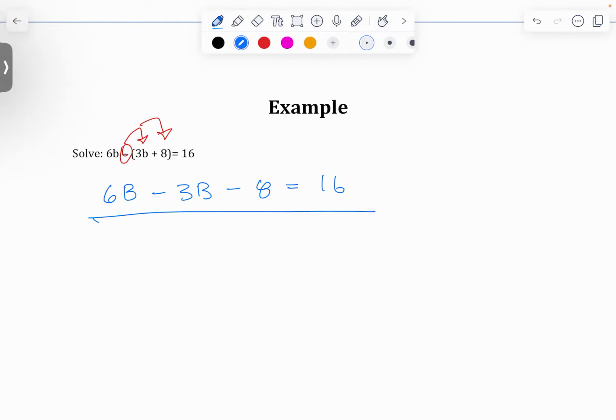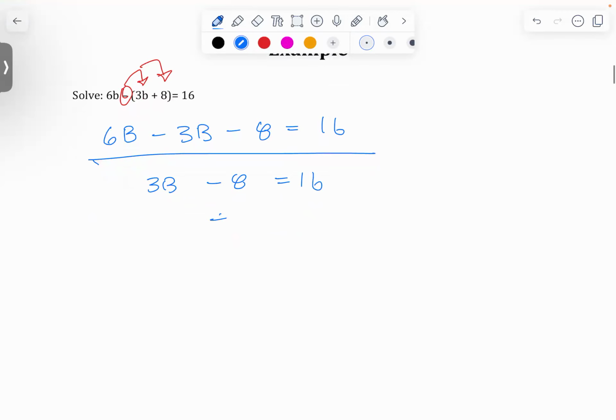Combine like terms, 6b and negative 3b become 3b minus 8. And once again, we are down to two-step algebra. Add 8 to both sides. Divide by 3.